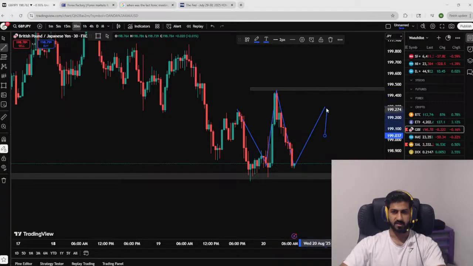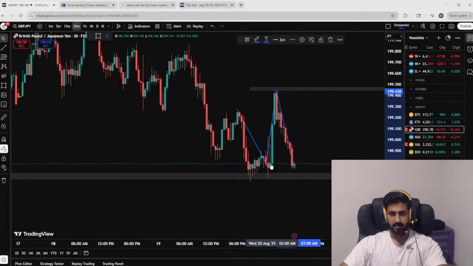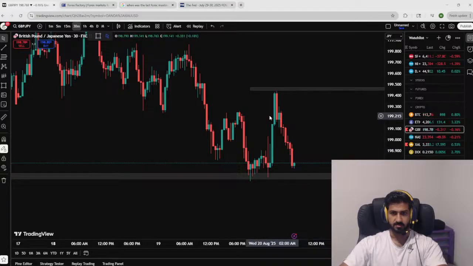So maybe something like this. Now we're in the range. Let's just say it looks like we're in the range. So if it closes with indication of buys in the market, then I will be looking to trade GJ back up to at least 199, 270.